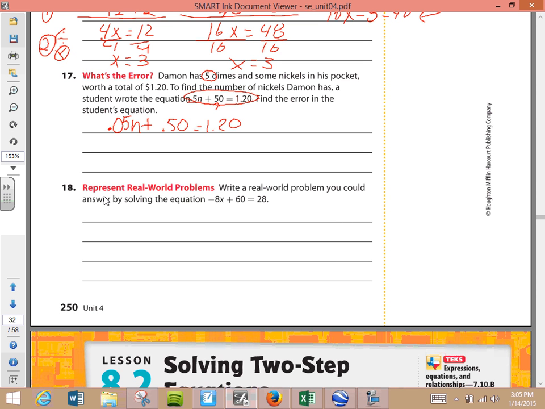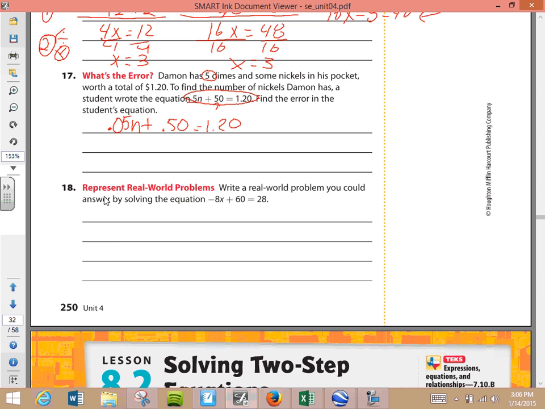So here's what George Cassell did. He said, you have $60 in your bank account. You withdraw $8 each week. How many weeks will it take for you to end up with a $28 balance? That is absolutely amazing.